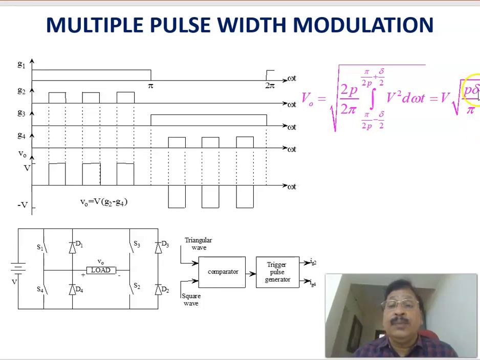By changing delta, you can change the value. At the same time, you can change p, the number of pulses per half cycle, whereby you can change the RMS value of the output voltage. Thus we are getting a variable magnitude of voltage as well as variable frequency.